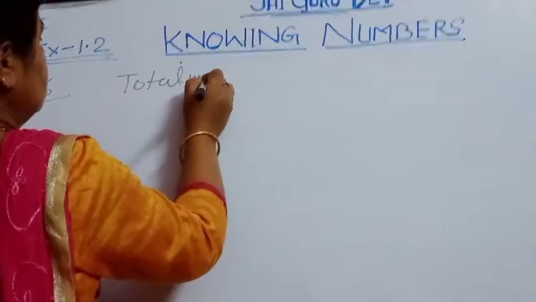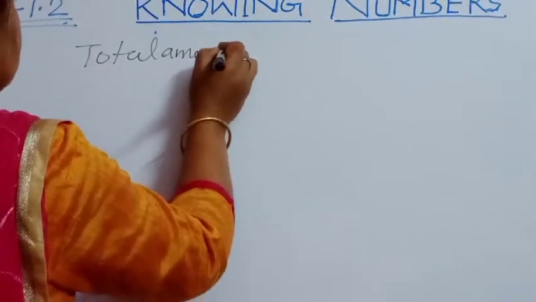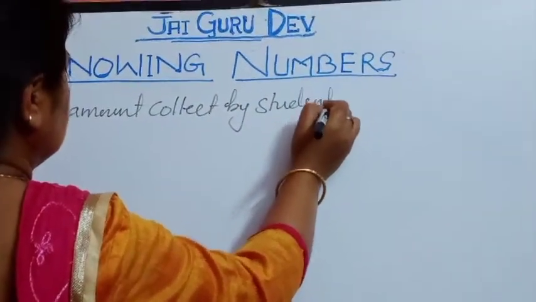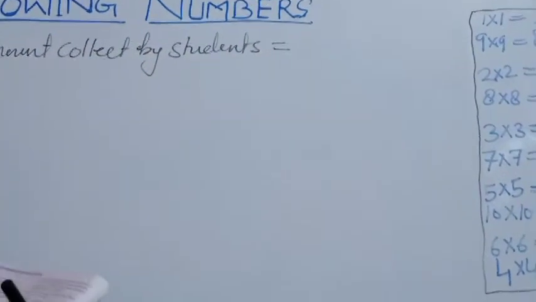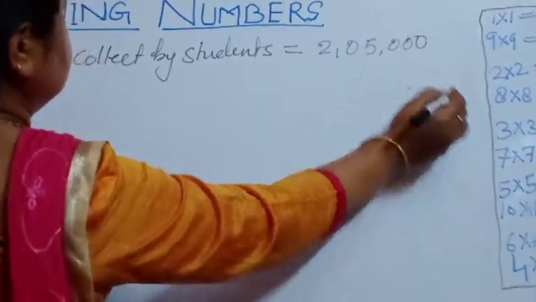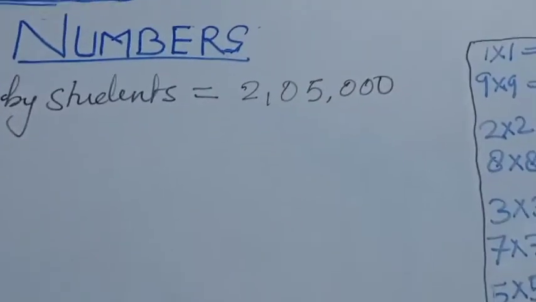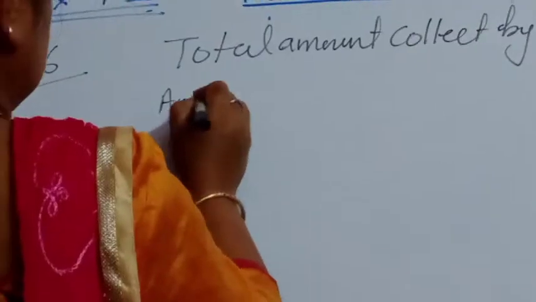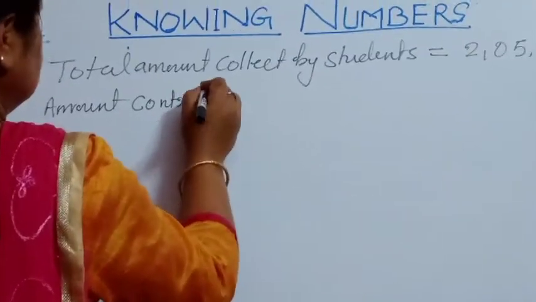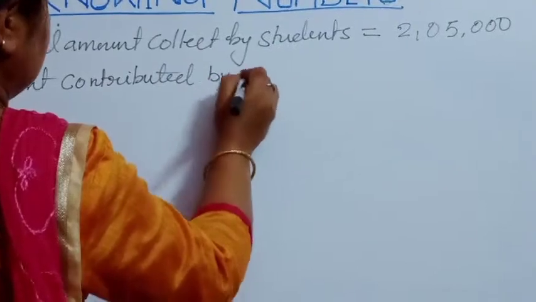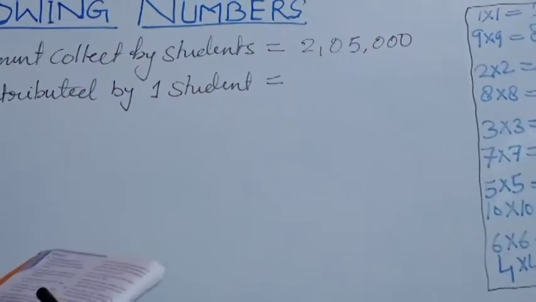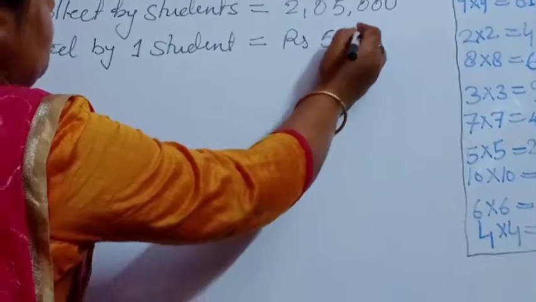Total amount collected by students is equal to 2,05,000, and amount contributed by one student is equal to rupees 5,000.